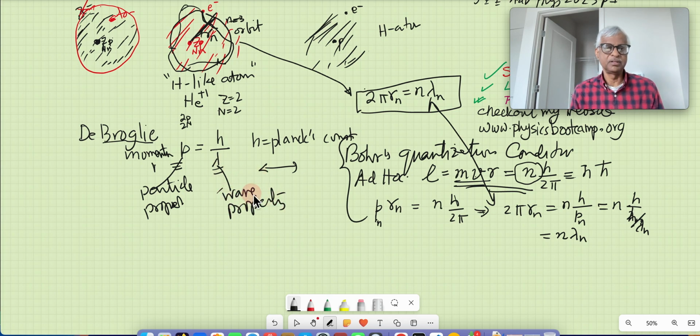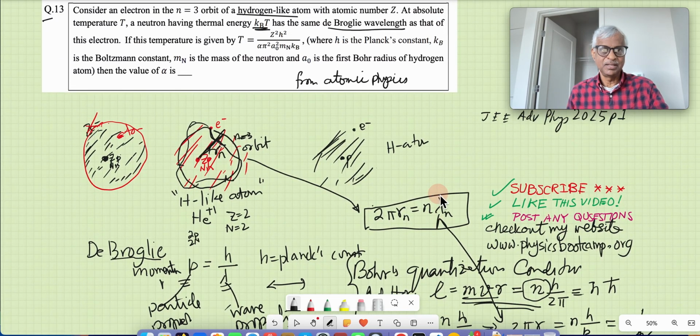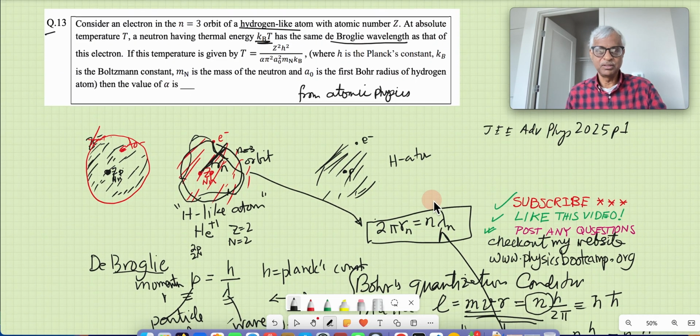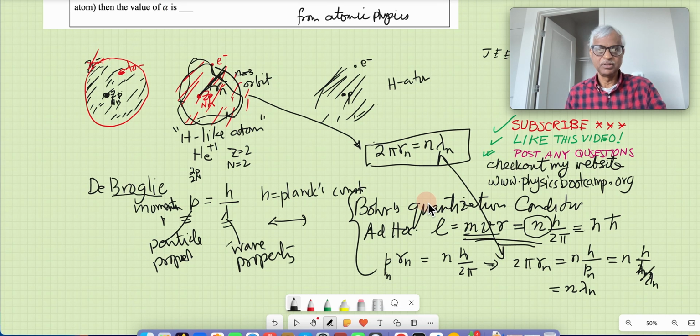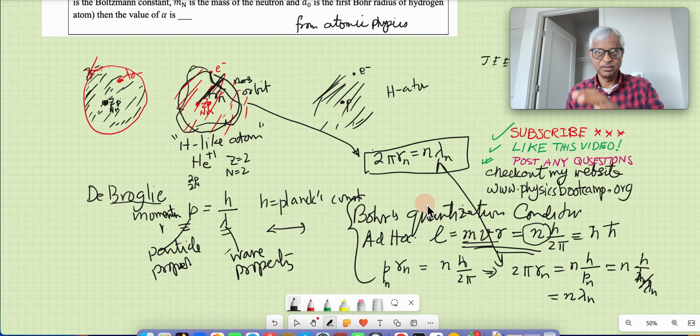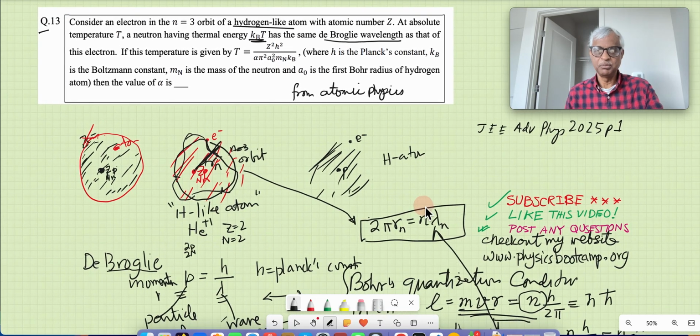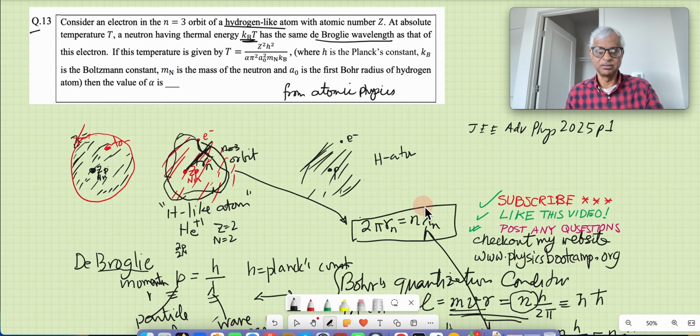This is revolutionary thinking: a particle could be thought of as some kind of matter wave, you could associate a wavelength with it, and then you get a quantization condition, Bohr's quantization condition. So this question is trying to see if you understand these ideas, not just memorize the formula, okay?